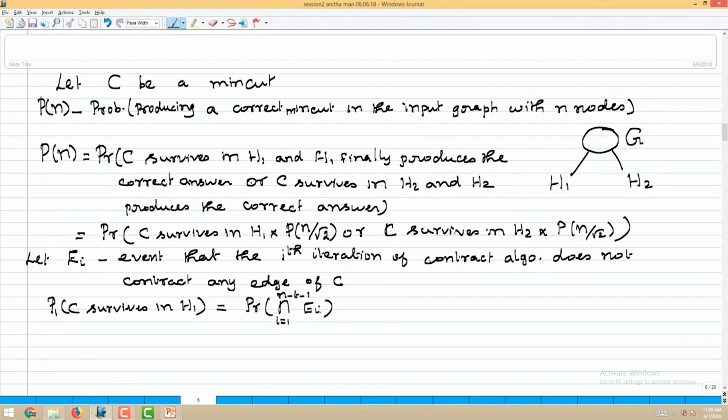So, probability of this one. Now, using that Karger's min-cut analysis, I can write this probability of Ei, which is greater than or equal to product i equal to 1 to n minus T minus 1. What is the probability? That analysis, those who remember can tell, n minus i minus 1 by n minus i plus 1.